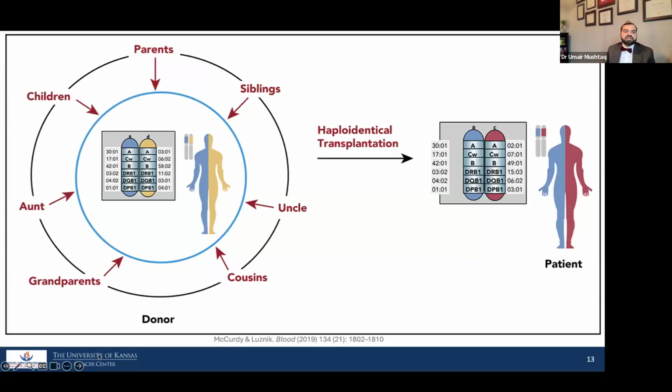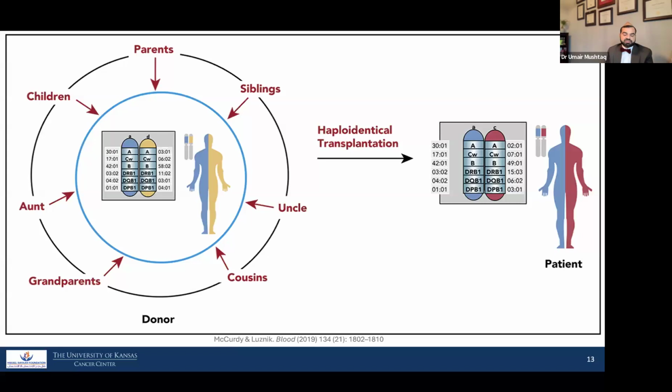So sources of haploidentical transplantation: your parents, especially in the case of kids, and all the siblings and children are preferred. And then the first and second degree relatives, if you look into the extended family, you can find several donors that could be used as a haploidentical donor. In terms of typing, in the Western world, you will do high resolution typing, and then you will start with the first degree relatives.